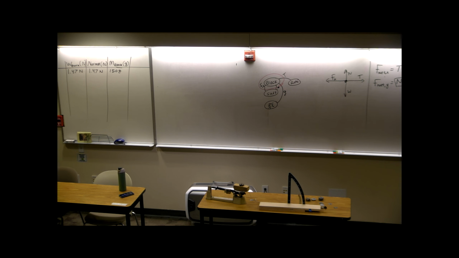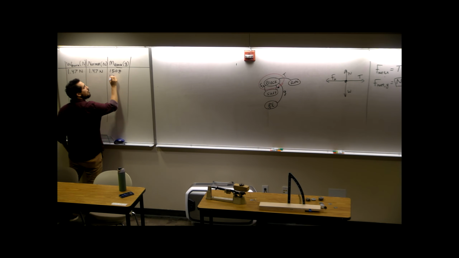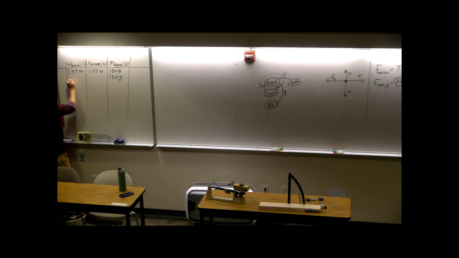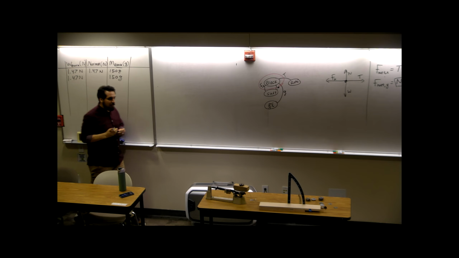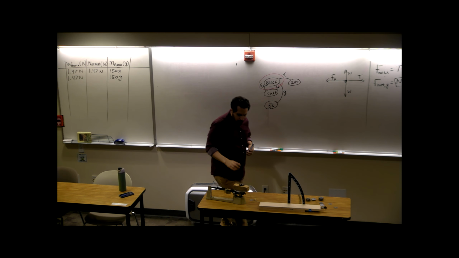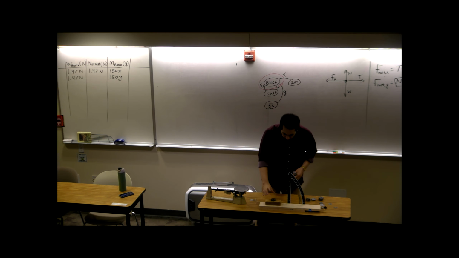So we ask ourselves, well, what is the mass of the block? Still 150. Just because I put a mass on the block doesn't mean that the mass of the block changes. So the mass of the block stays at 150. The weight of the block is still 1.47 newtons, but something changes because now the surface has to push harder up on the block to support more weight, right?